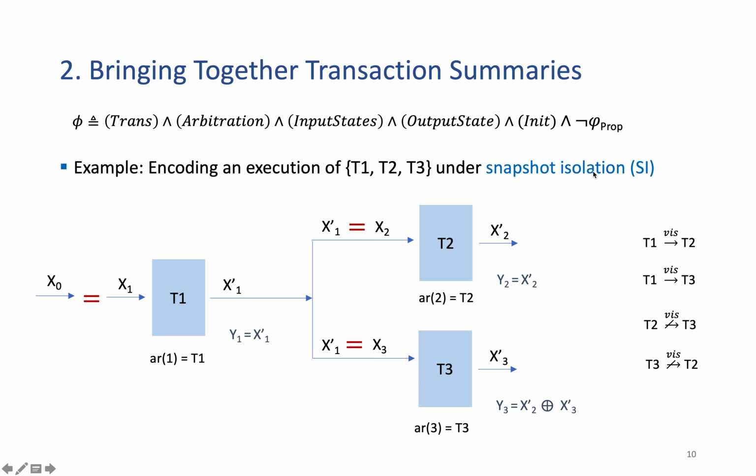In snapshot isolation, we have an additional requirement of not writing to the same set of variables by the concurrent transactions. So we also need to disallow conflicting concurrent updates.